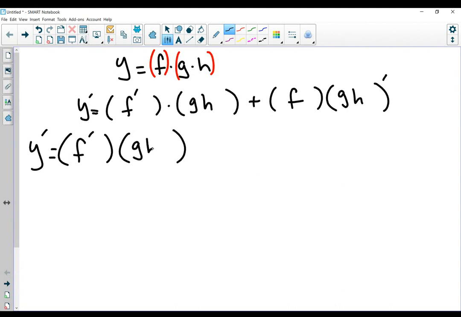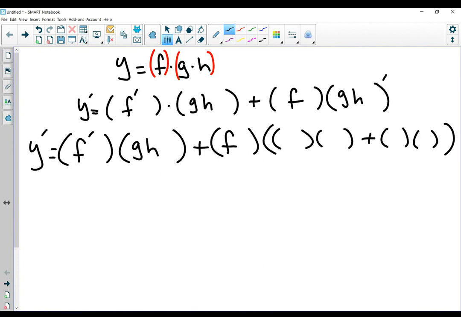F prime times normal gh plus f, that's this one. And then now within this one, because now we're going to look at the derivative of gh, you have four of its own within there like that. So we're just focusing our attention here. This yellow stuff we're gonna put right in here. The derivative of gh would look like this.